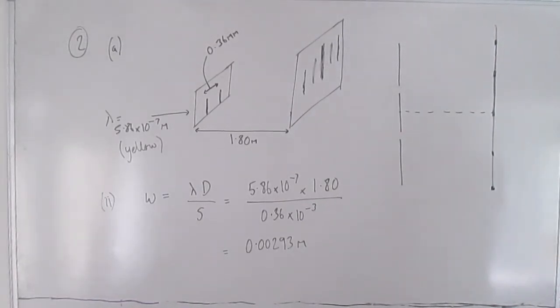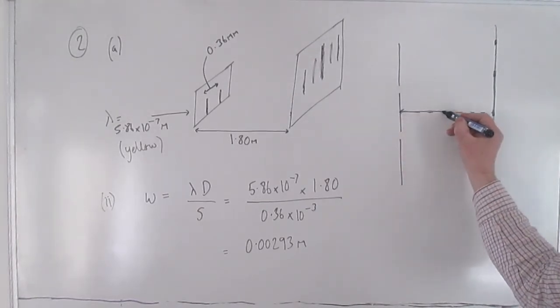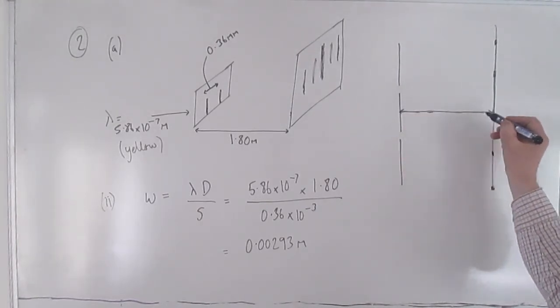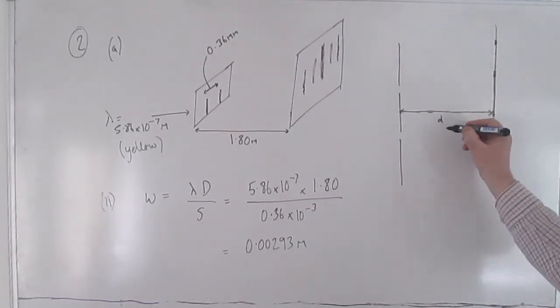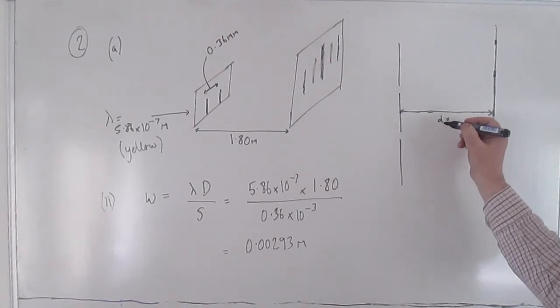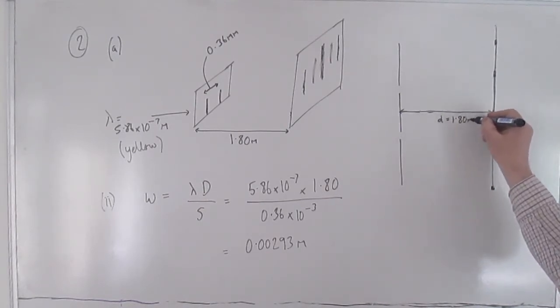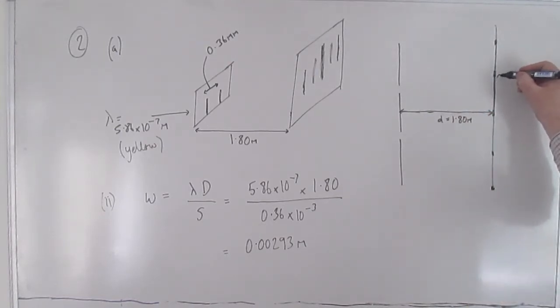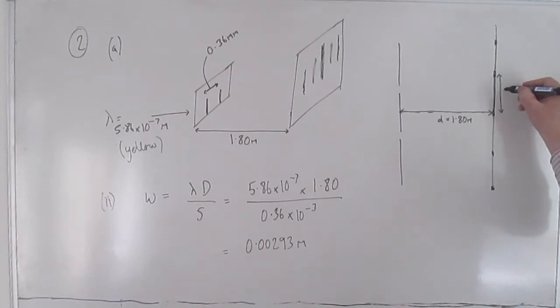So we've got these equally spaced fringes here. So this distance, remember, is D, which is 1.80 meters, and this distance is W, which we've just calculated, is 0.00293 meters, or 2.93 times 10 to the minus 3 meters.